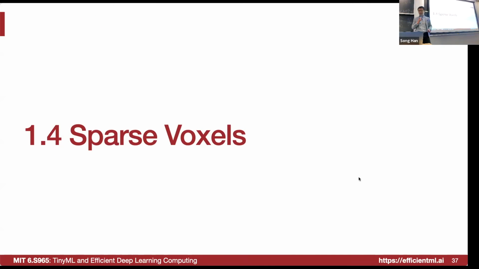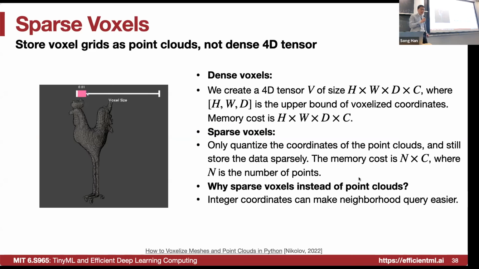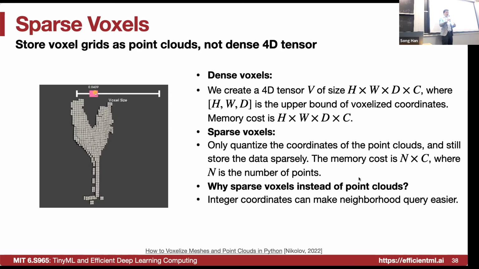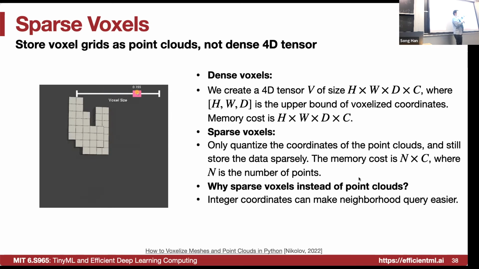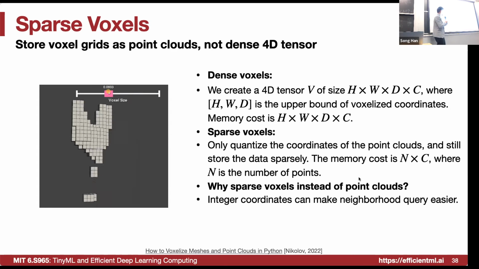Let's continue our discussion about sparse voxel representation. Previously we talked about dense voxels. Basically, we are quantizing the space and using this height by width by depth by channel, 4-dimensional tensor to represent them. However, there's a huge waste, right?